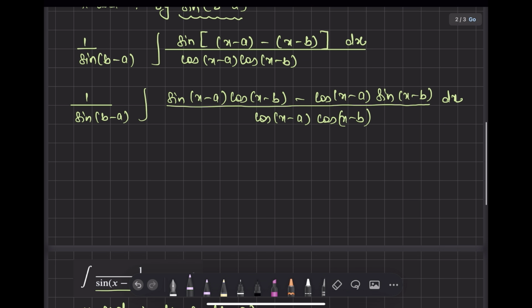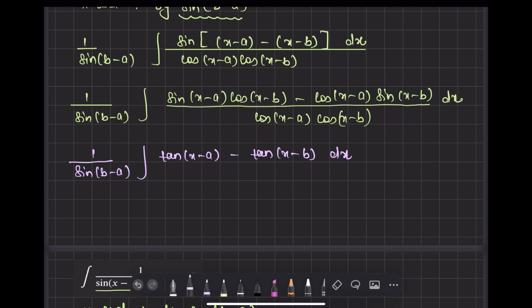Okay, so let's simplify things. So we have sine b minus a, integration of cos and cos gone, so we are left with tan x minus a, and then we have minus cos gone, tan x minus b dx.